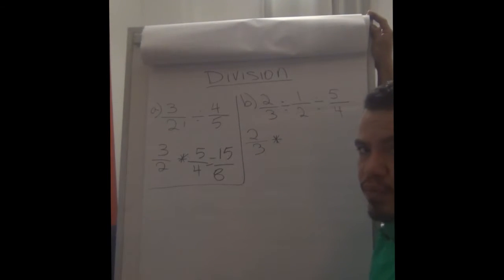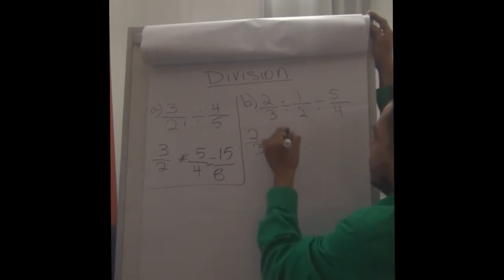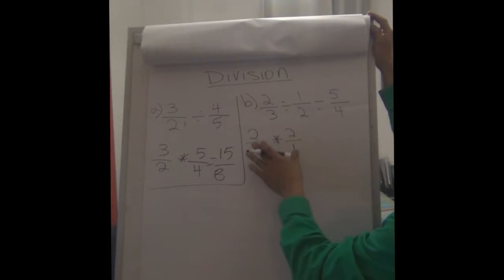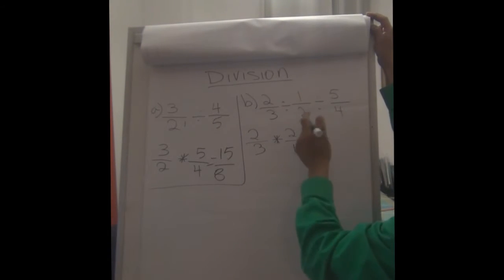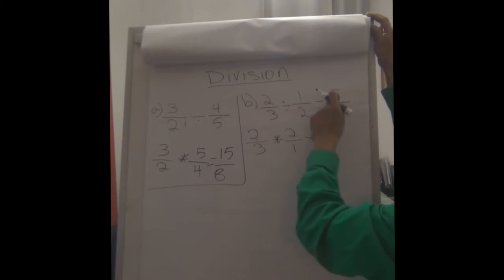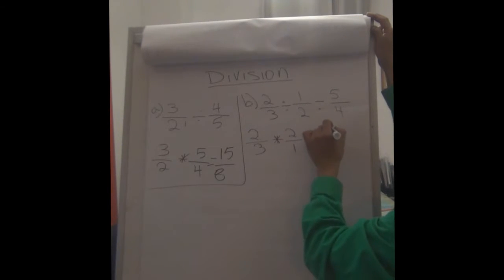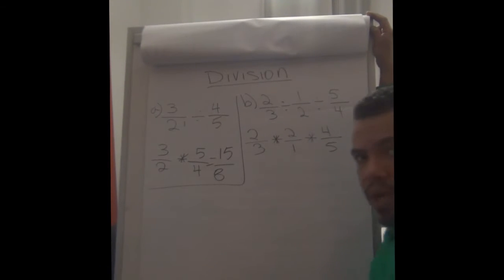The reciprocal of 1 over 2 is 2 over 1. Okay? Guess what? You have another division here. So you're gonna do the same thing. You're gonna change that to multiplication, and you're going to use the reciprocal. See that? That was easy.